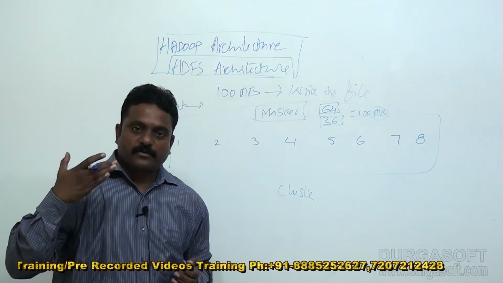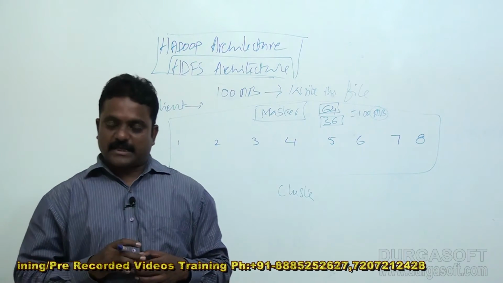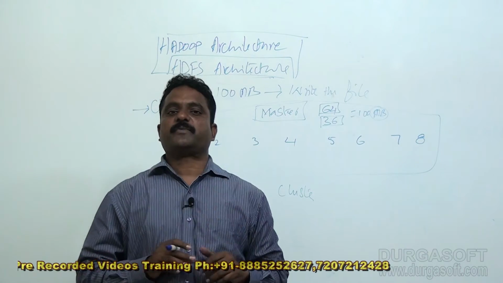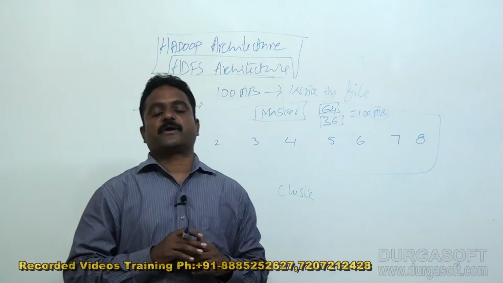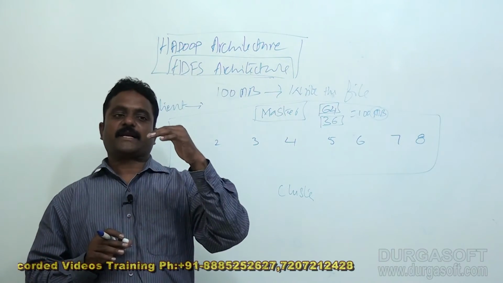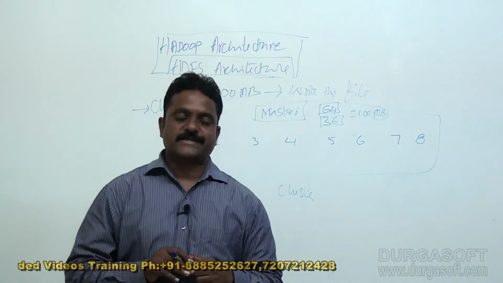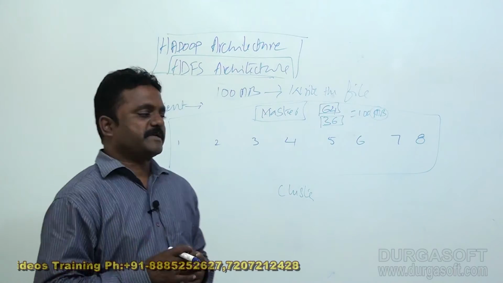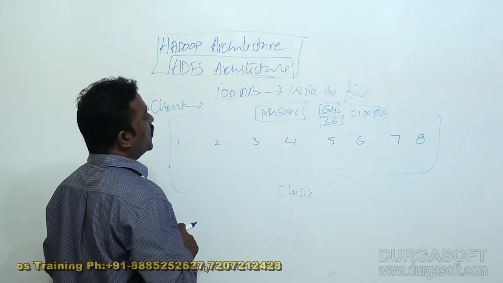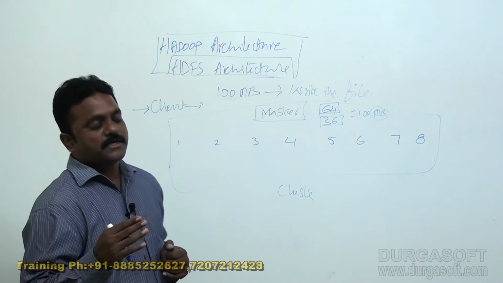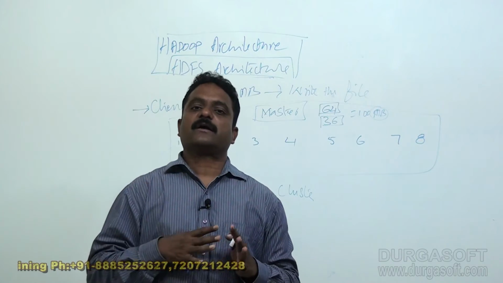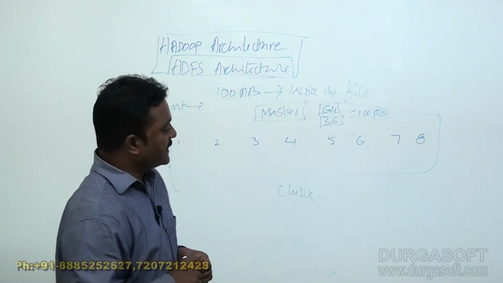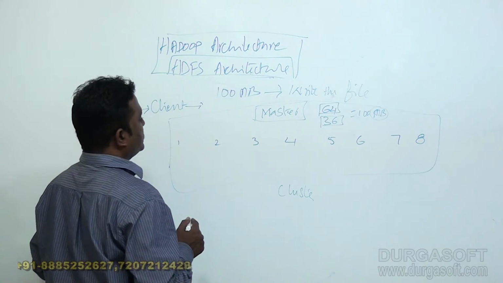If I wanted to write any data onto the cluster, that's when the concept of rack awareness comes into the picture. The first point in rack awareness is the distance, the physical proximity of the node, how close my node is to the client. So the writing of data depends on the proximity.